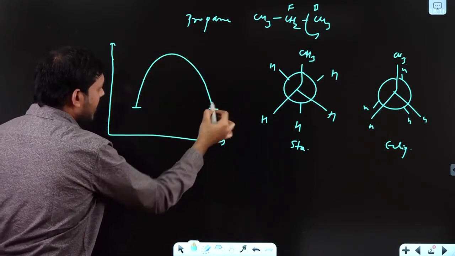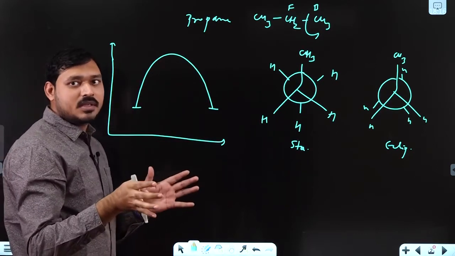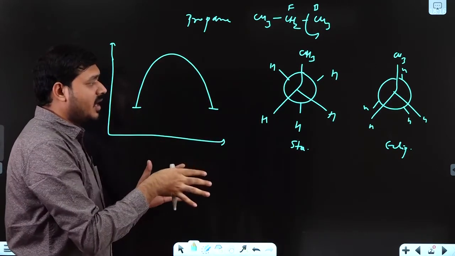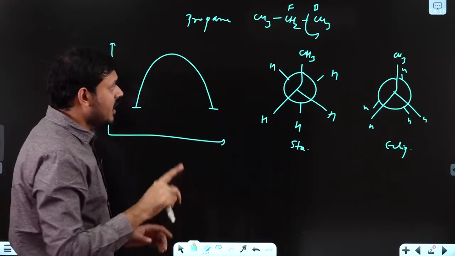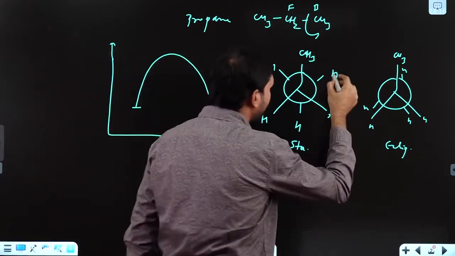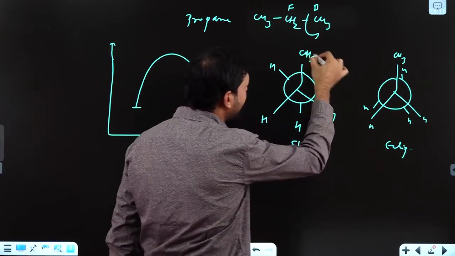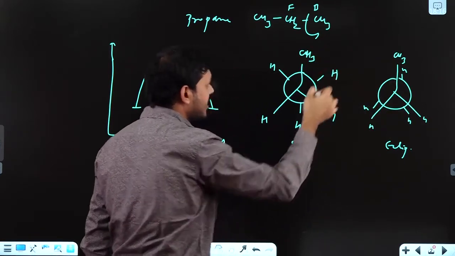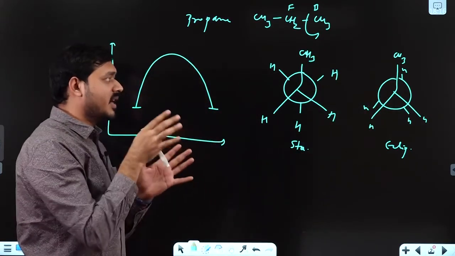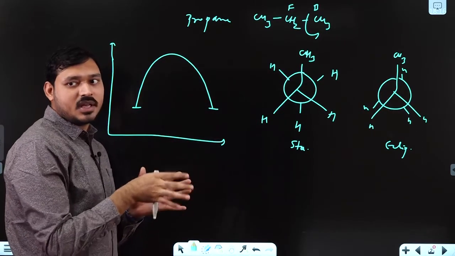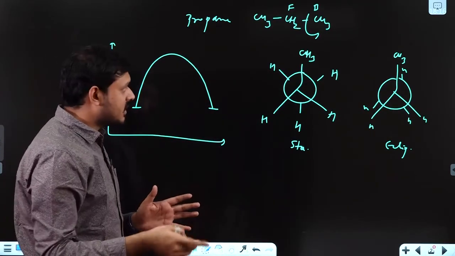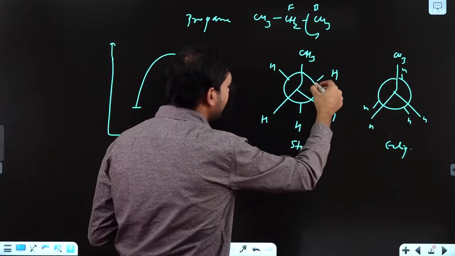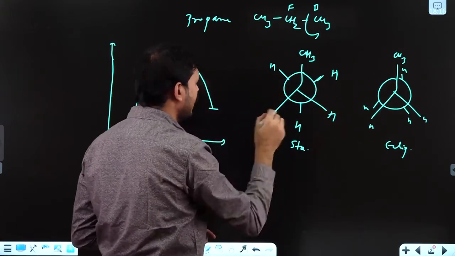But here, if I compare ethane and propane, in ethane there was hydrogen, right? But here there is CH3 and hydrogen. So if I consider the van der Waals strain or the torsional strain, in both cases both must be increased here in propane as compared to ethane. Why?